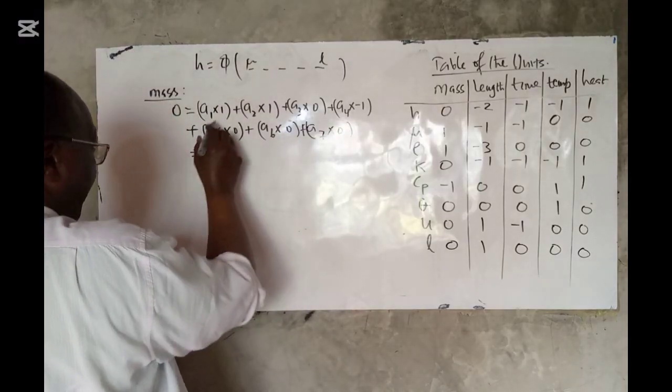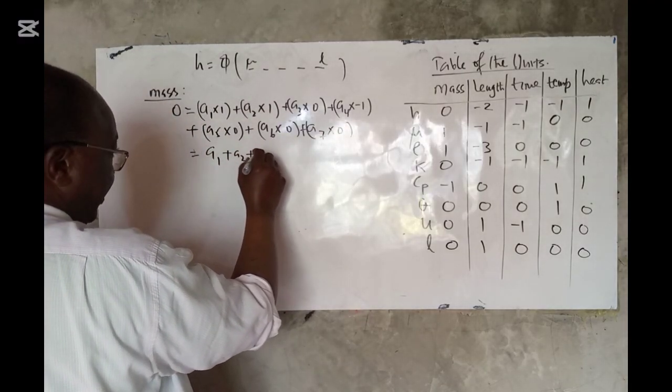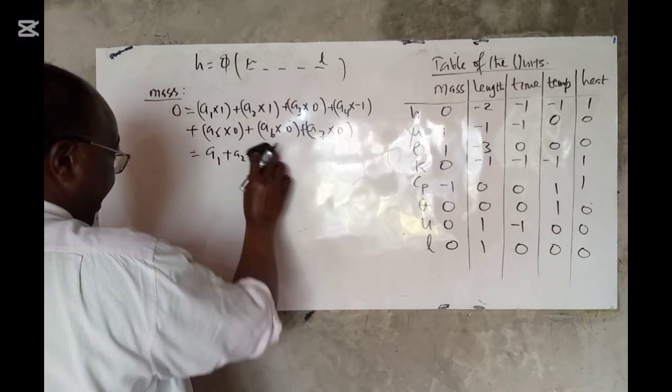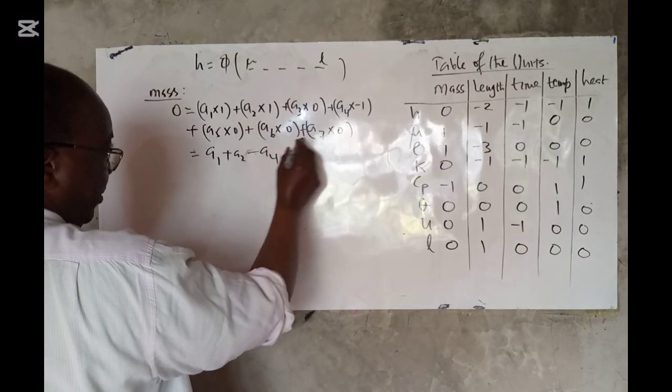So for this particular one, it is A1 plus A2 minus A4 equals 0. The rest are 0.